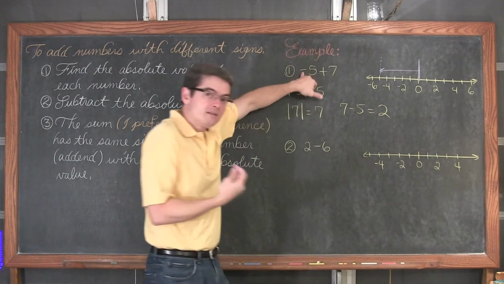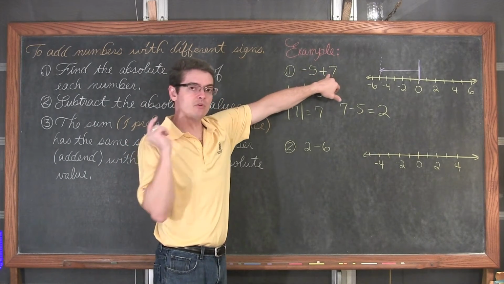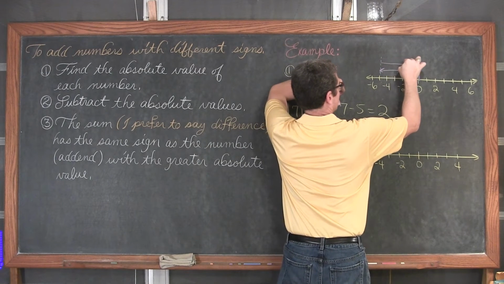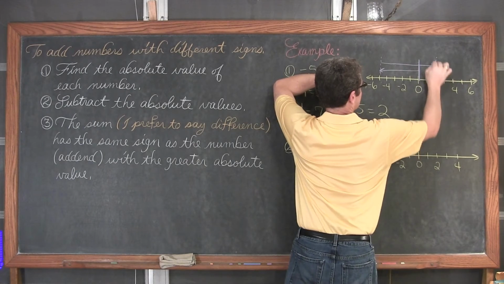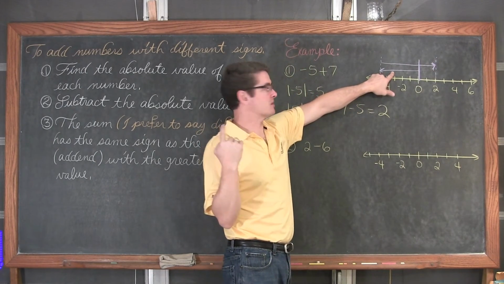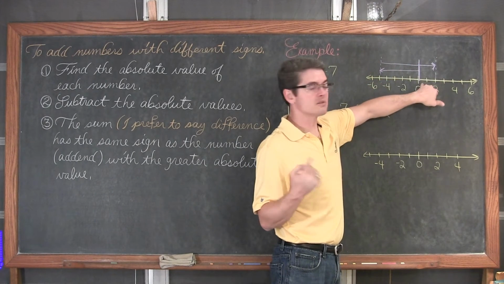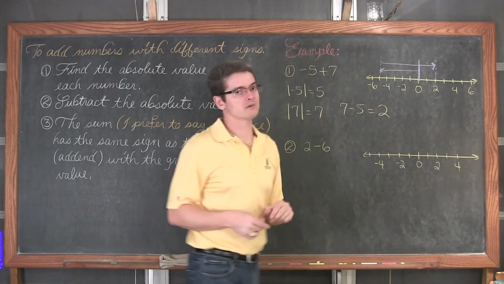We're currently at -5 on the number line, and then +7 is to move to the right 7 spaces. So 1, 2, 3, 4, 5, 6, 7. So that's 5 movements to the left, and 7 movements to the right. Again, starting from 0, and we end up with 2, which is our answer.